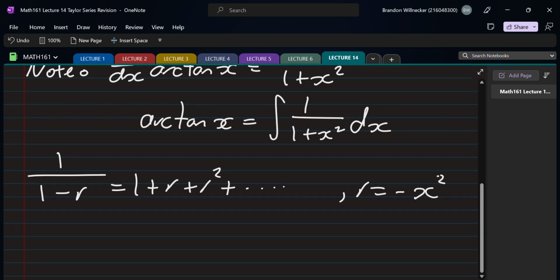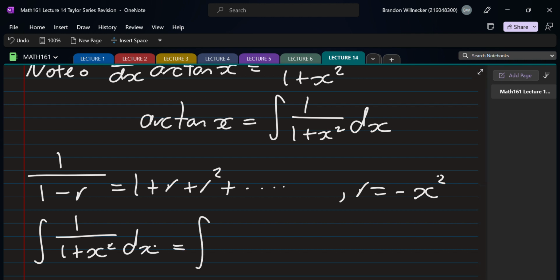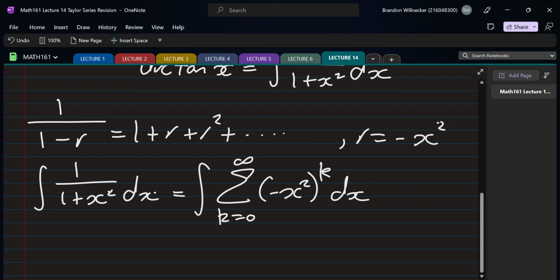Okay, so we can write this integral of 1 over 1 plus x squared as the integral of that geometric series, which we can write as the sum from k equals 0 to infinity of r to the k, but r is minus x squared. So it will be minus x squared to the k, okay, dx.